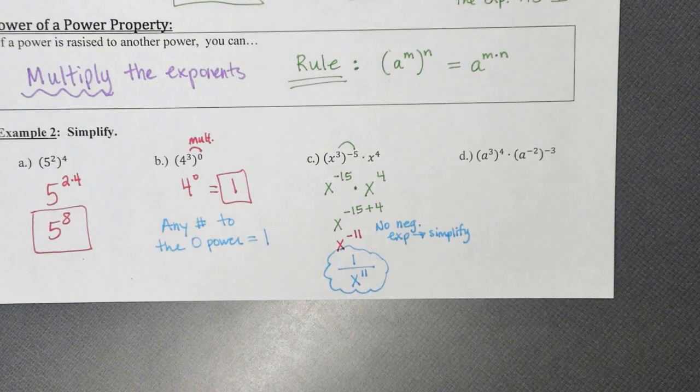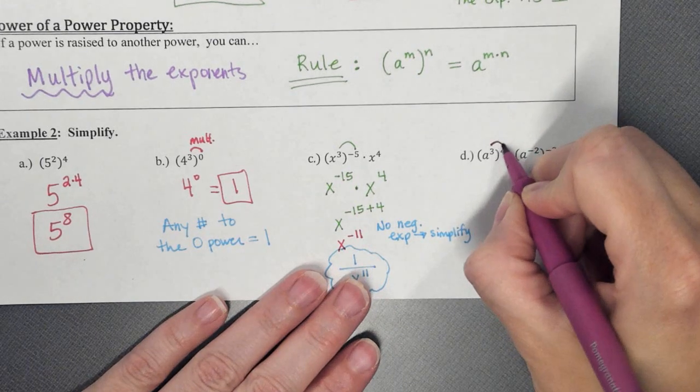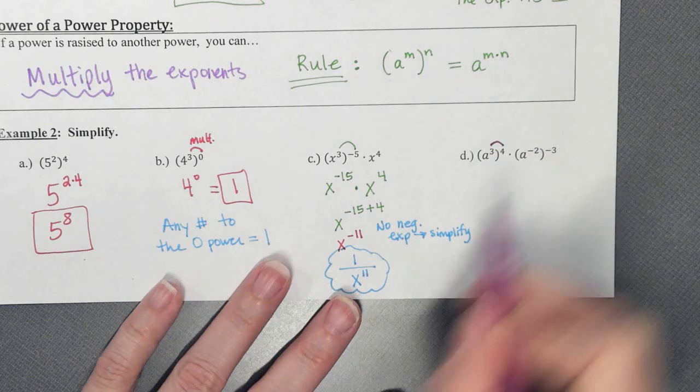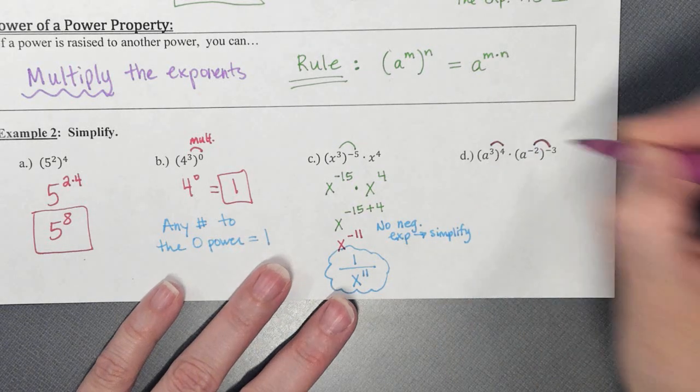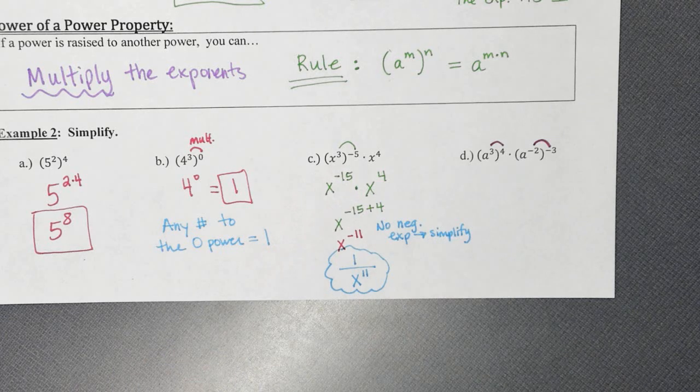Now for D, we're going to have two different ones that we're going to have to simplify. So the first one is this A, then we're going to simplify this A. Okay? So I'm going to give you a minute to rewrite those based on what we did here.